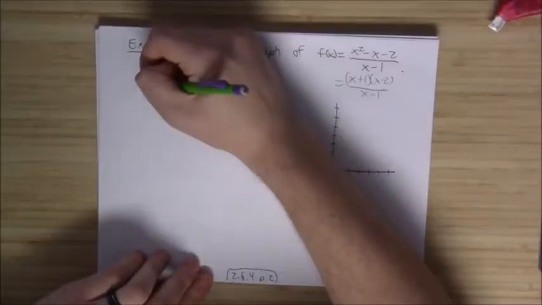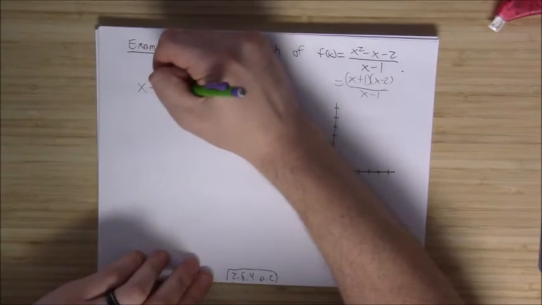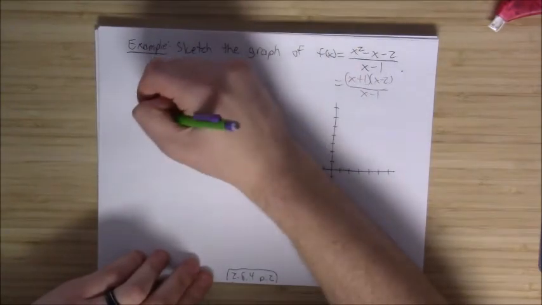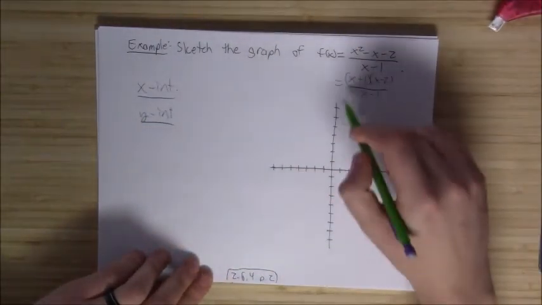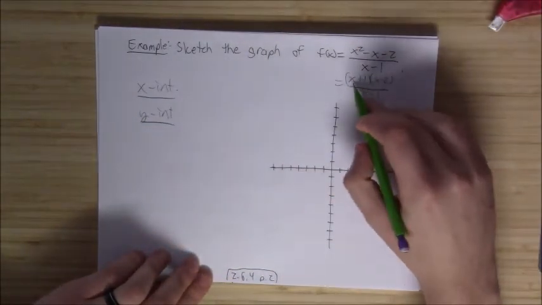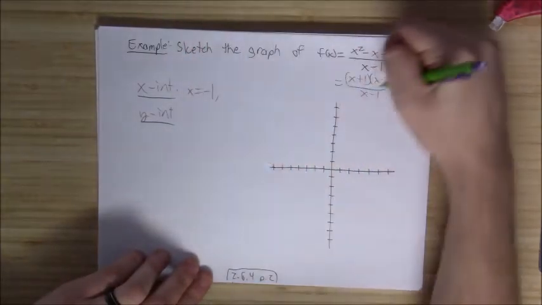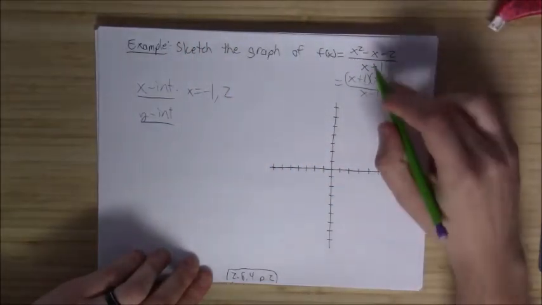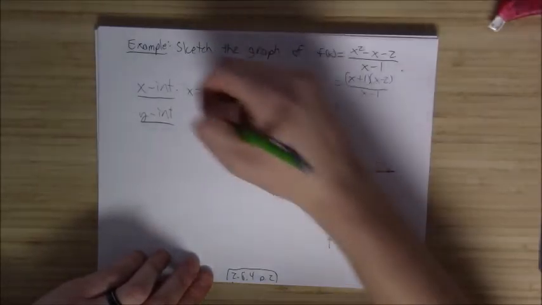The x-intercepts are at x equal -1 and 2. The y-intercept, plugging 0 in, gives us -2 over -1, so +2.